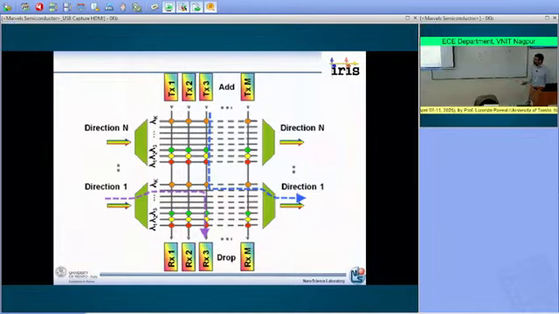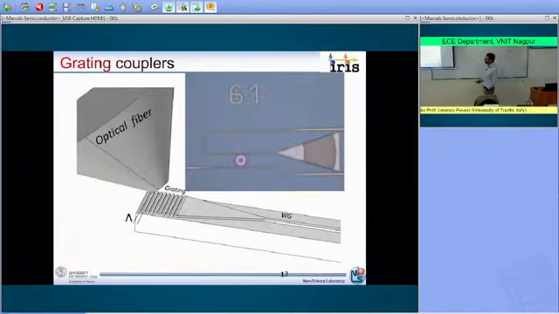So in the switch, the first component is the grating. And here is the grating coupler that we have developed. So this is simple, no? The grating coupler, can anyone guess why the grating coupler has this triangular shape?